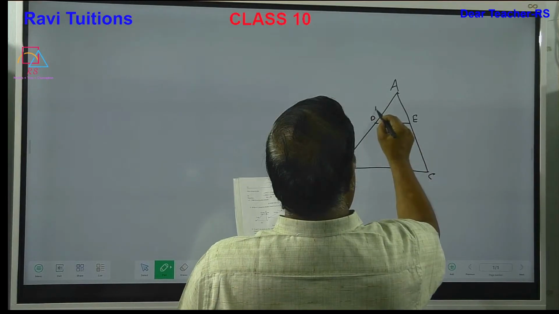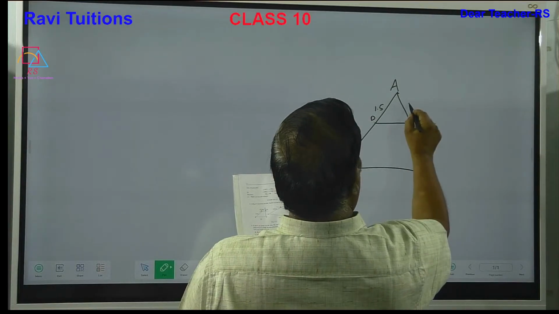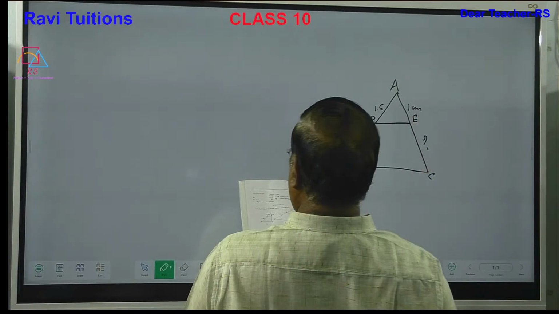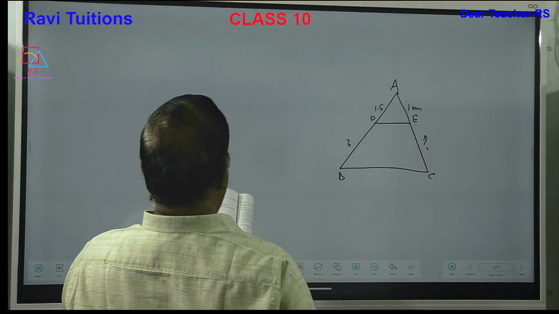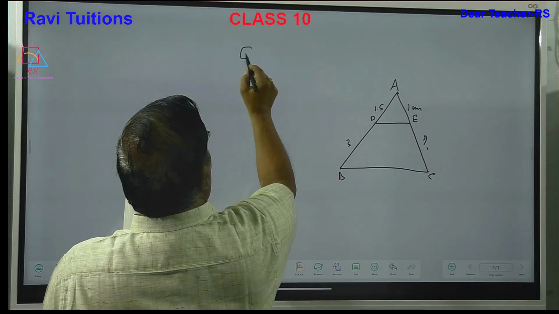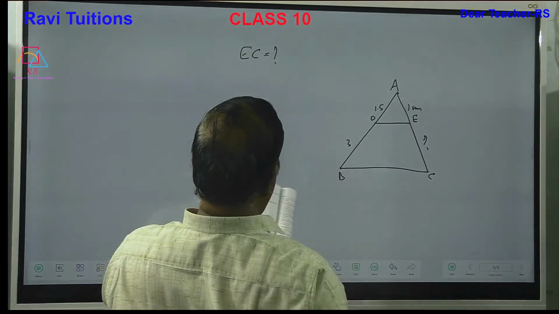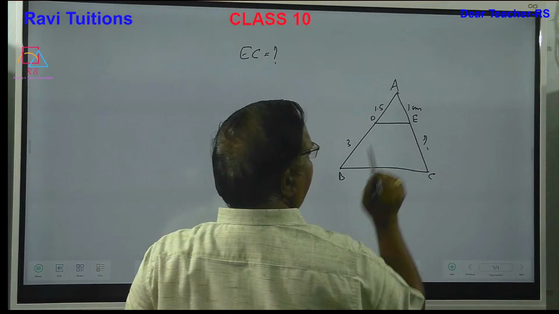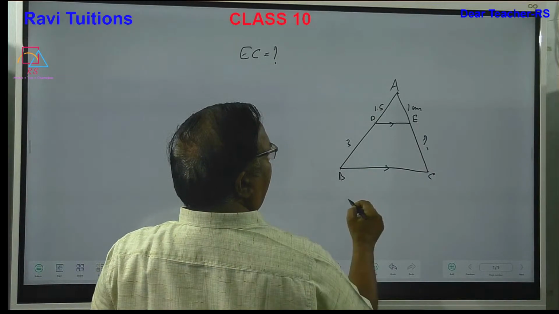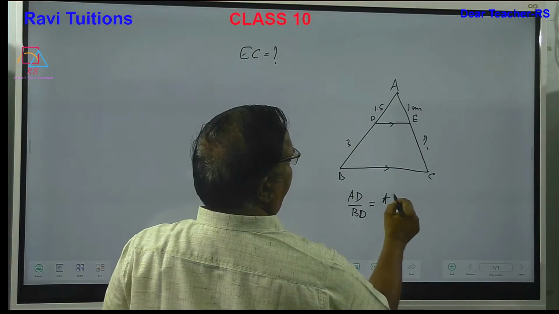This is 1.5 centimeters, this is 3 centimeters, this is 1 centimeter, and how much is this? He asked for EC, question mark, AD is 2. As per the basic proportionality theorem, because these two are parallel, AD by BD is equal to AE by CE.